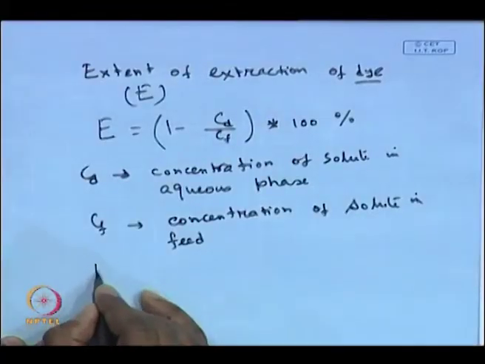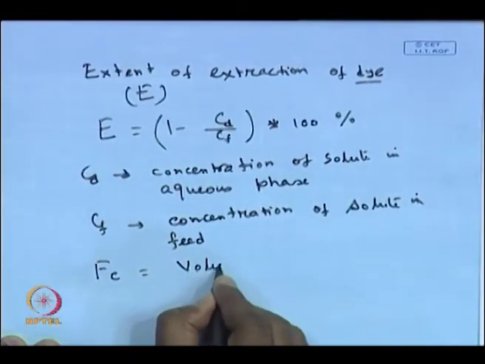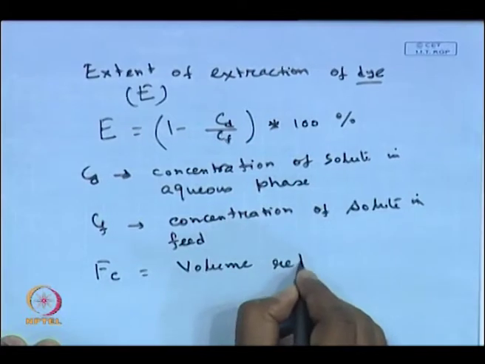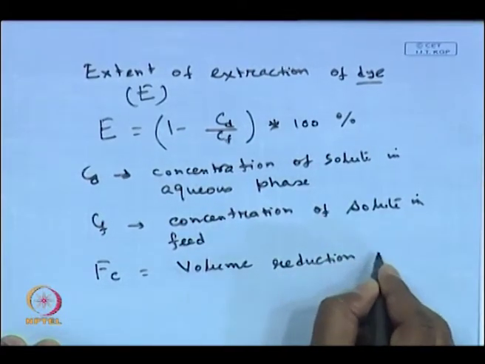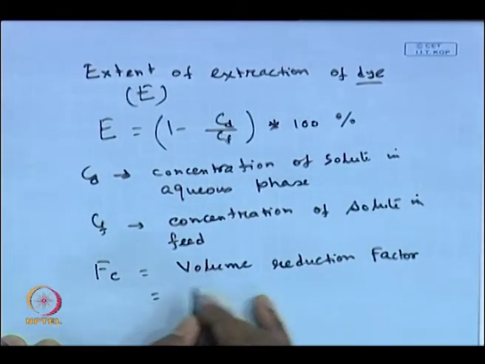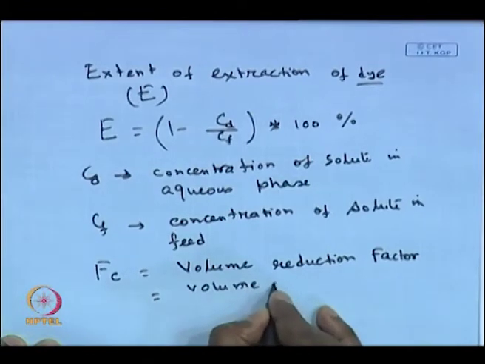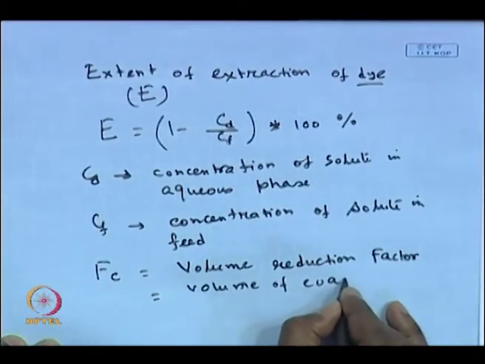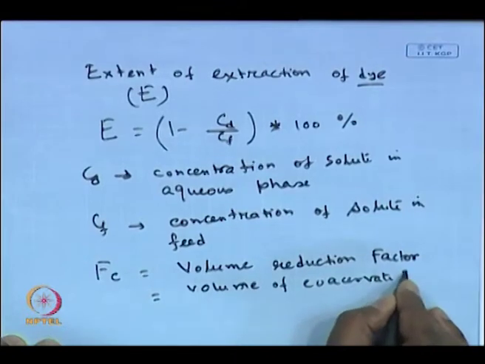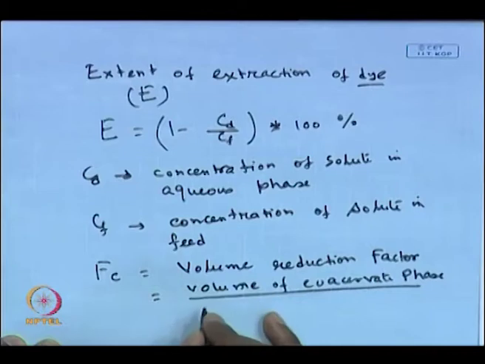This is defined as the volume reduction factor, Fc, which is the volume of the quasi-rapid phase divided by the total volume of solution.